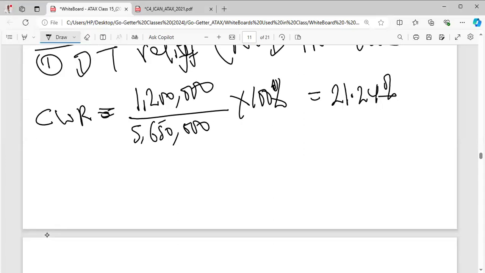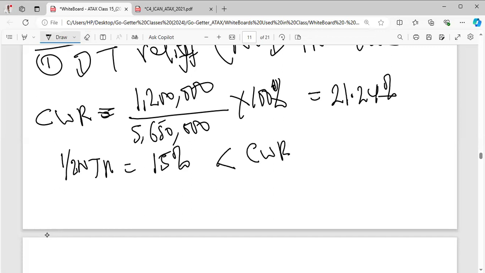Now we say half of the Nigerian tax rate, which is 15%, is less than CWR, which is 21.24%.